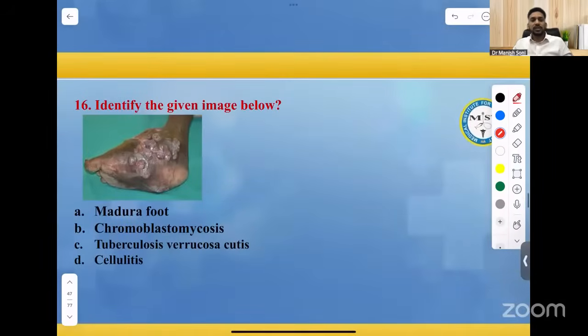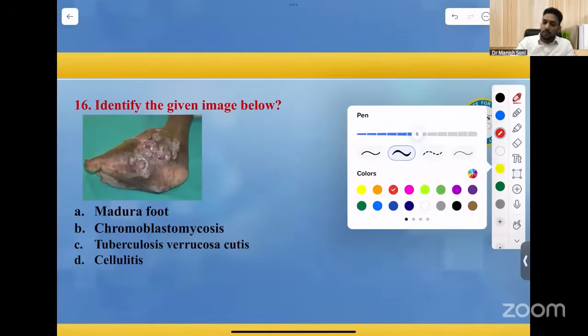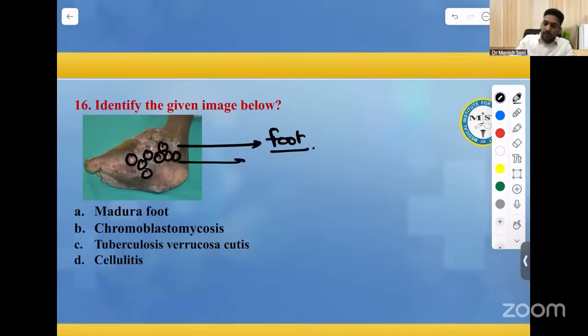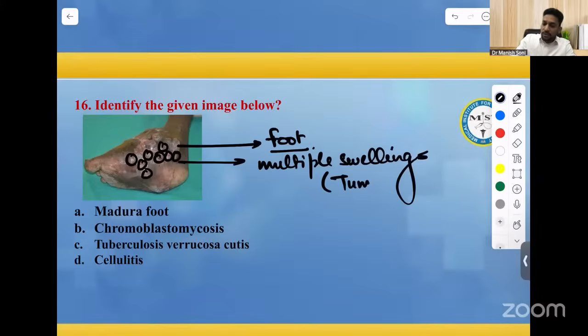Coming to the next question, can you identify the condition? What are the important clues mentioned here? Foot swellings. Not one swelling, there are multiple swellings, or tumefaction.